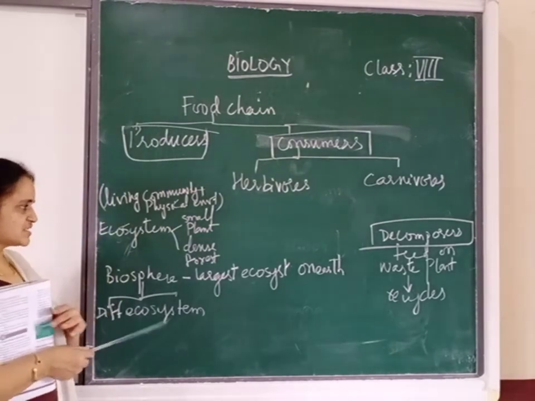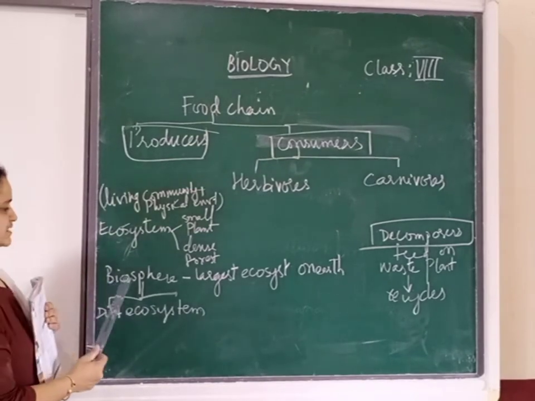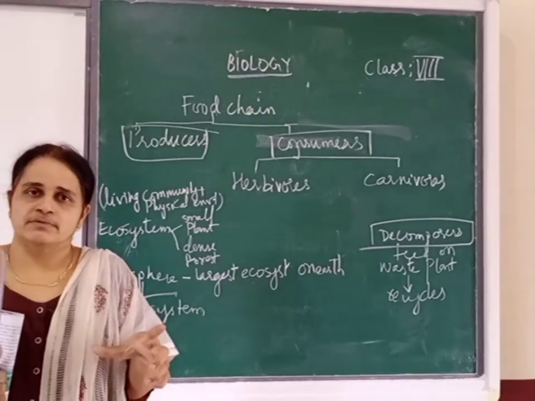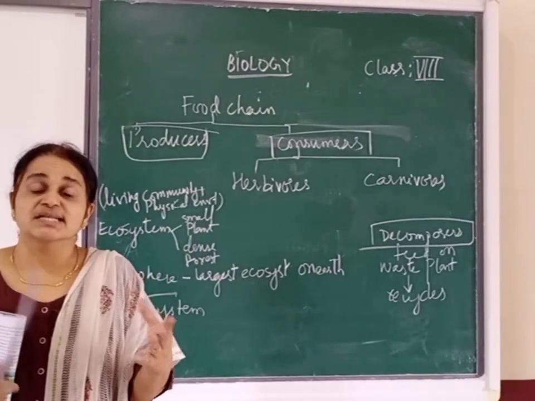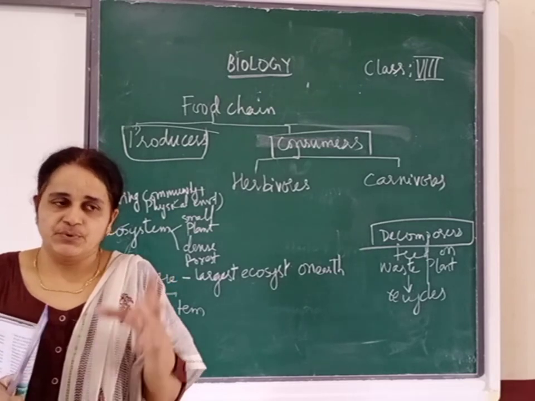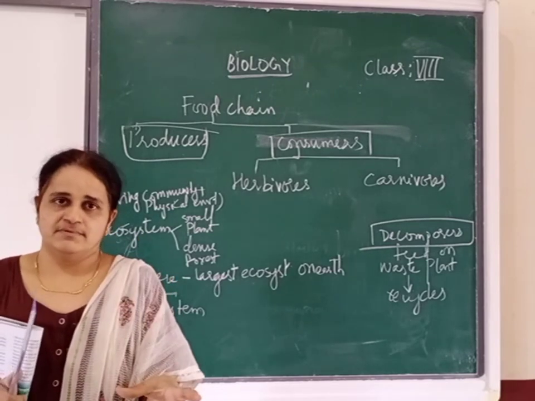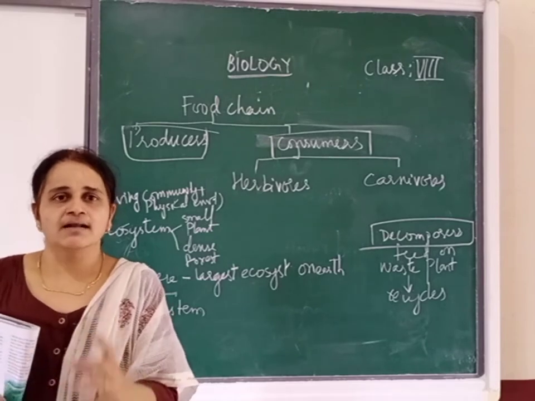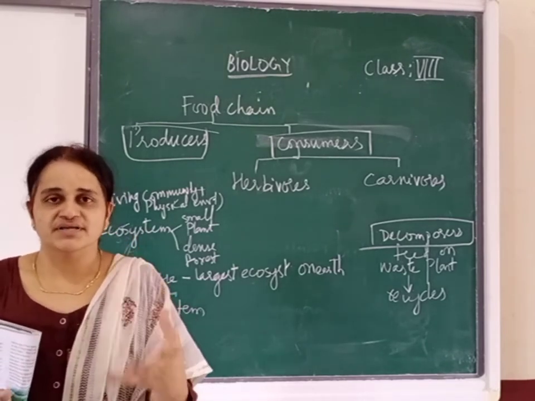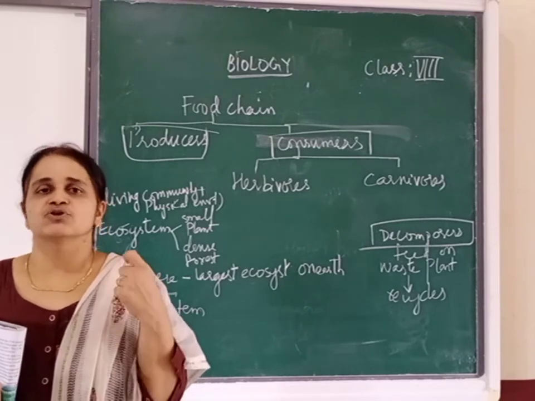And when this ecosystem is there, there is one more unit that is called biosphere. Biosphere means it's the zone which supports living. Earth is a biosphere where we can live. That means living conditions are conducive for the growth of an organism, growth of plants, growth of animals.